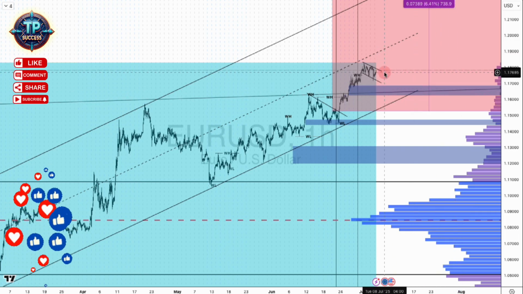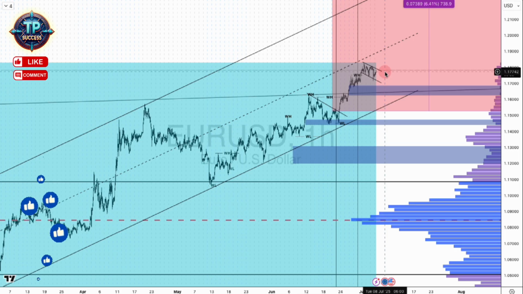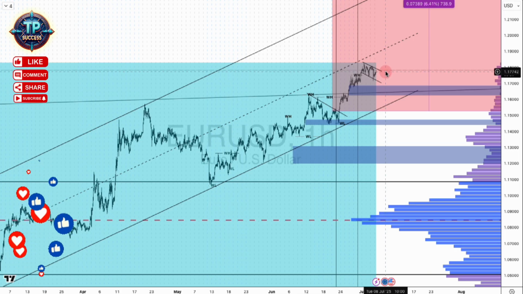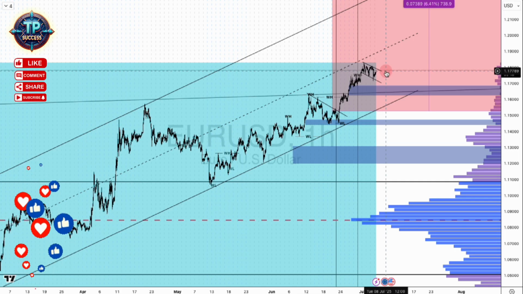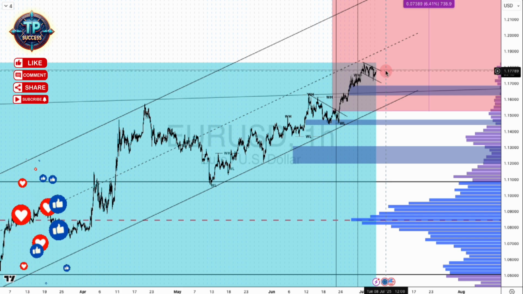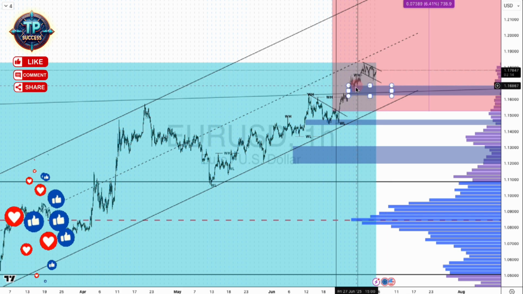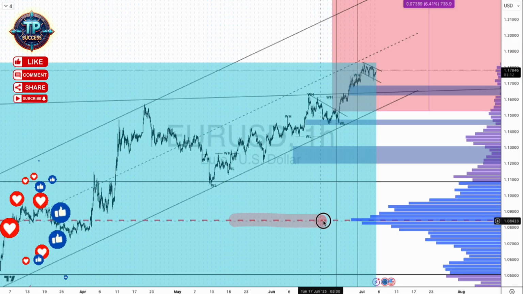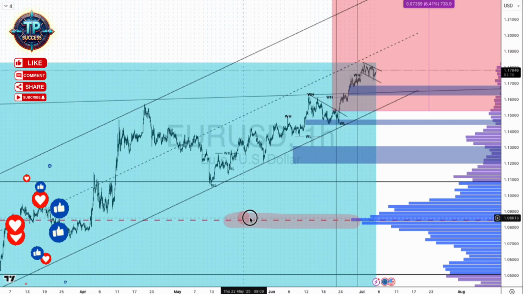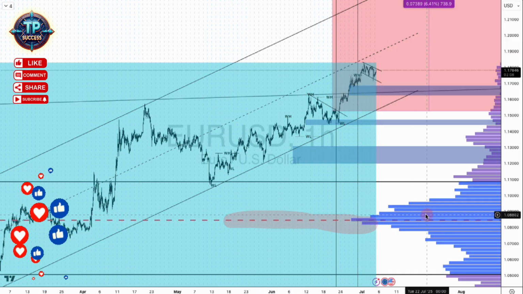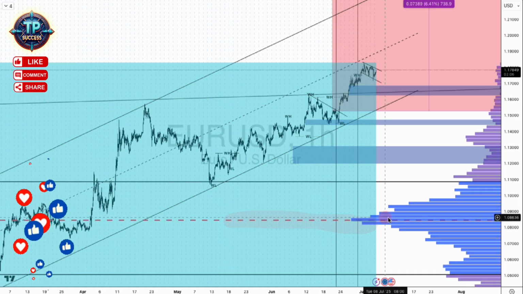So we should be expecting price to want to do some type of a pullback. Reason being is that at the level where it's at right now, it starts to become more attracted to the point of control. However, I think this has moved a bit, right?